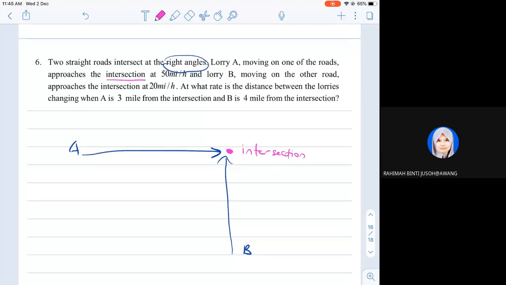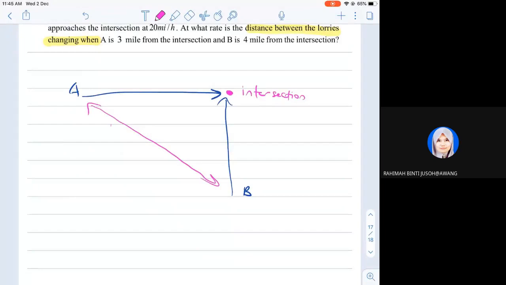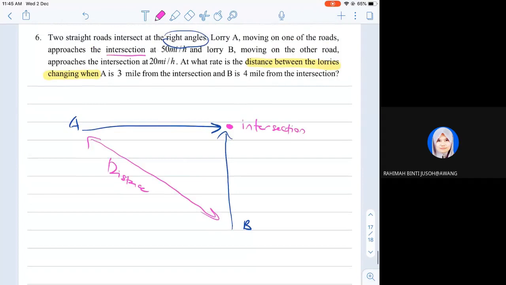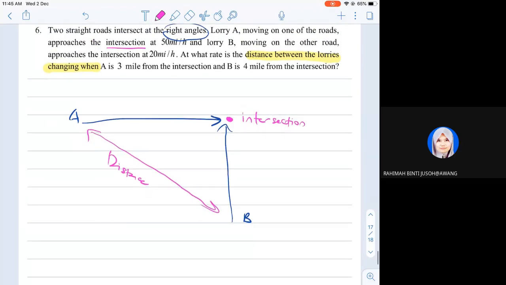Okay, dia kata dia nak distance between the lorries changing. So dia nak distance lah. So distance of course kita ada macam ni kan. Distance between lorry A and lorry B. Okay, and then dia bagi changing when A is 3 mile. So A equals to 3. And then B equals to 4.